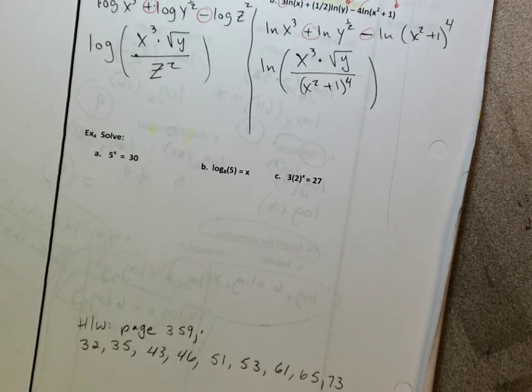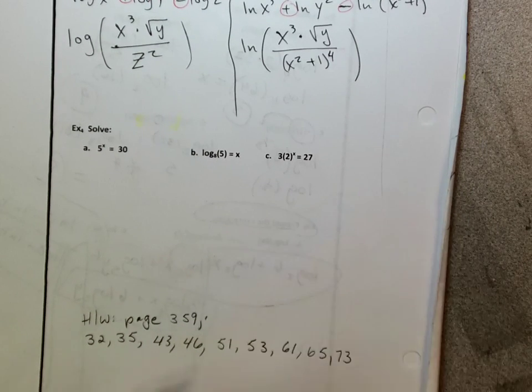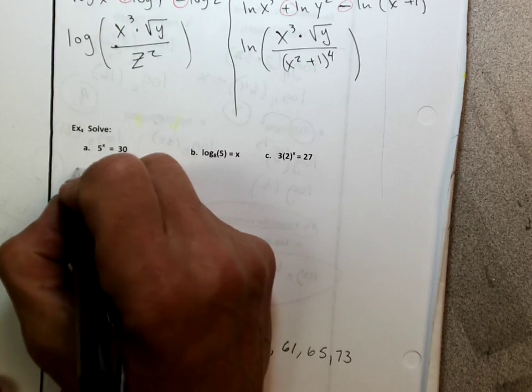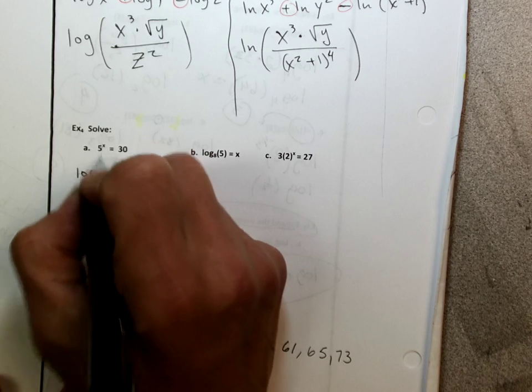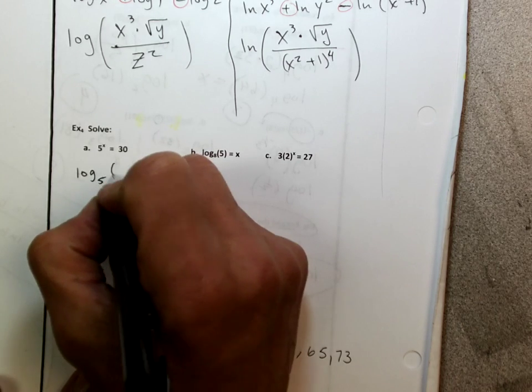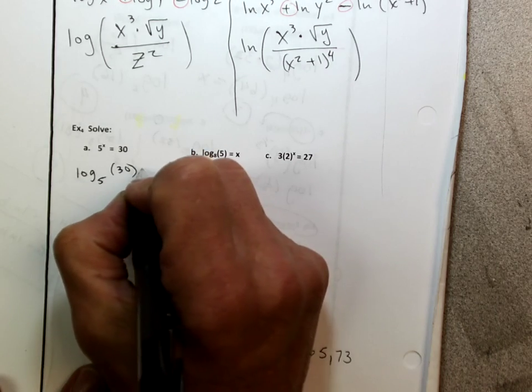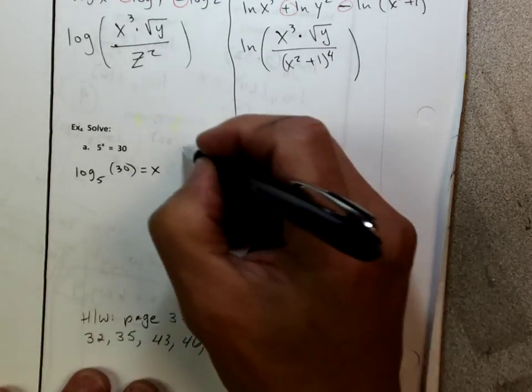We can do this exactly with logarithms. Here's how I'm going to do it. First of all, let's change it into a log. So log base 5 of 30 equals x.